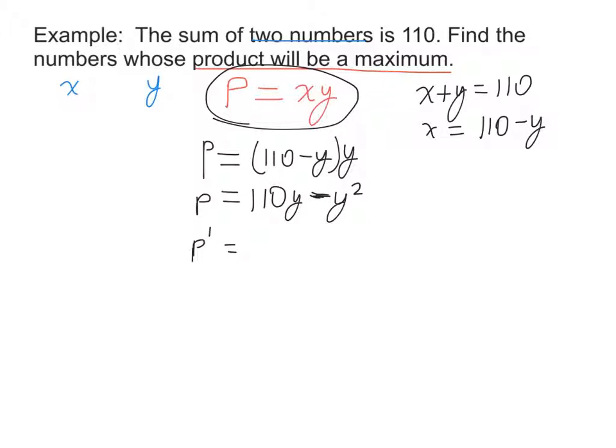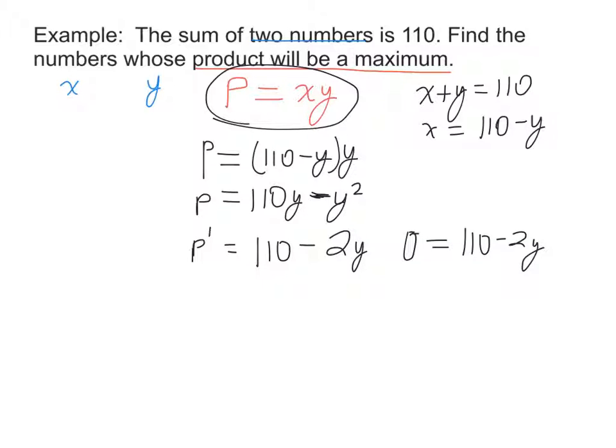The derivative of 110y with respect to y is 110, minus the derivative of y squared, which is 2y. And so to find my critical numbers, I'm going to set this equal to 0, or find where it doesn't exist. So 0 equals 110 minus 2y.